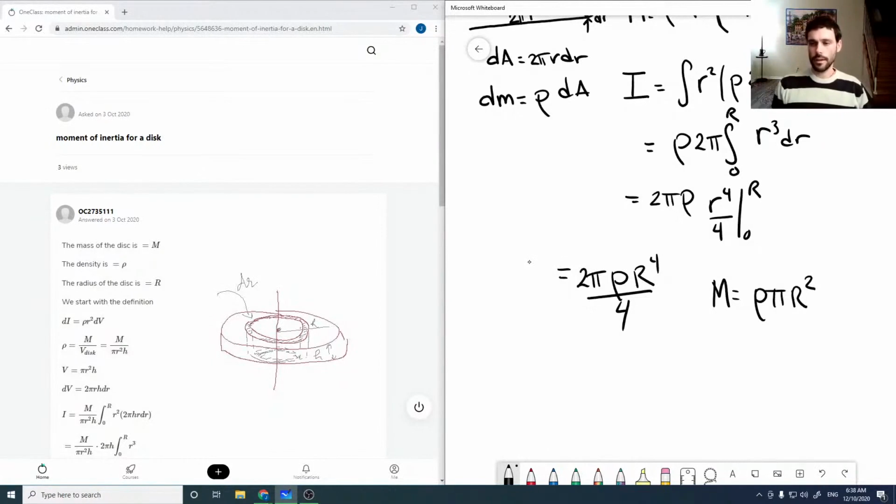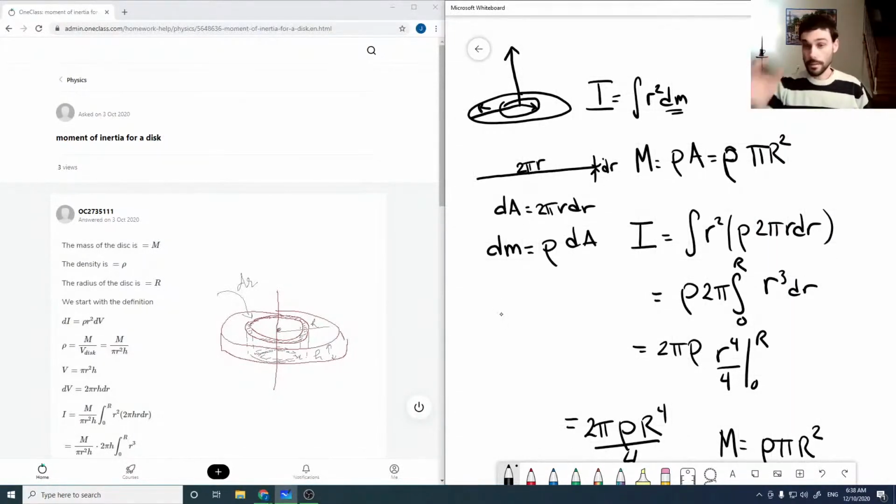So we can take out the pi, the rho, and R squared to give us M R squared over 2. And so there's our moment of inertia for an axis which passes through the center of the disk and is perpendicular to the disk.